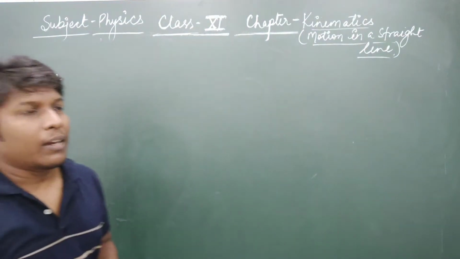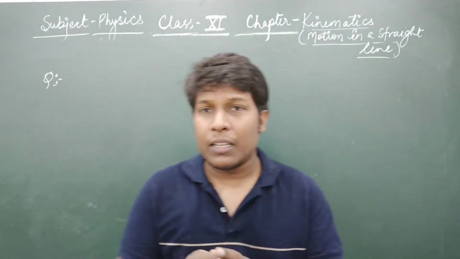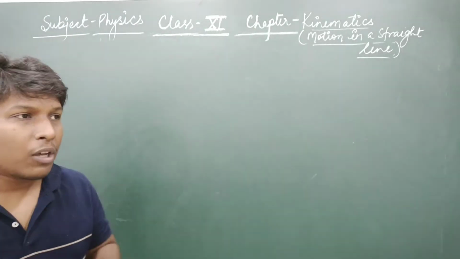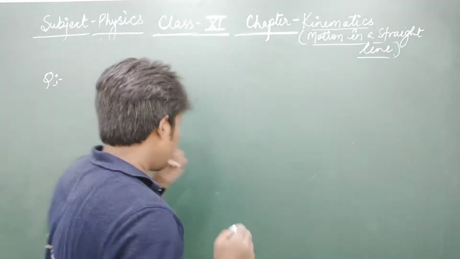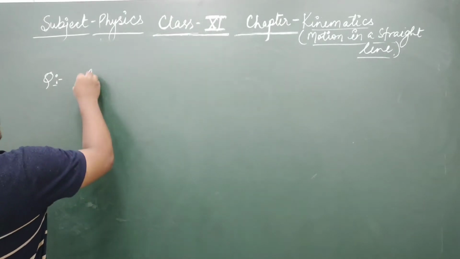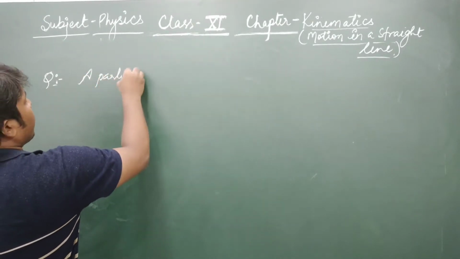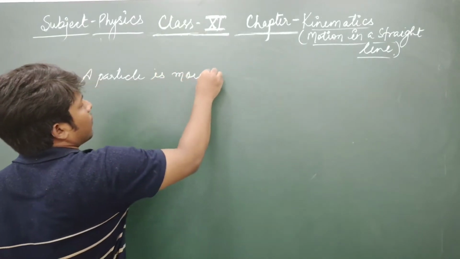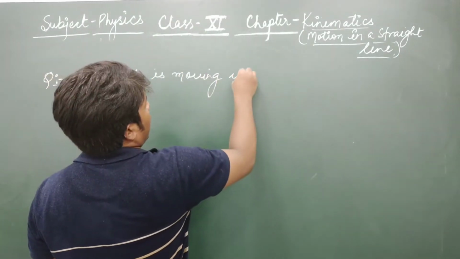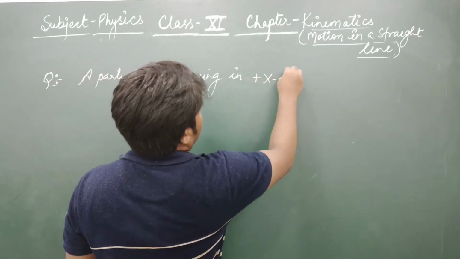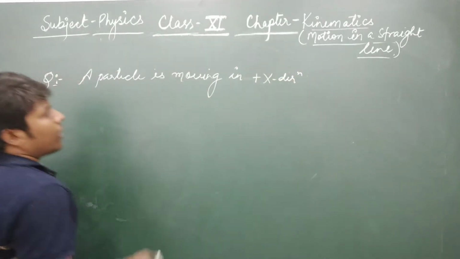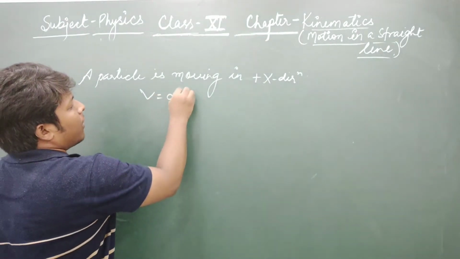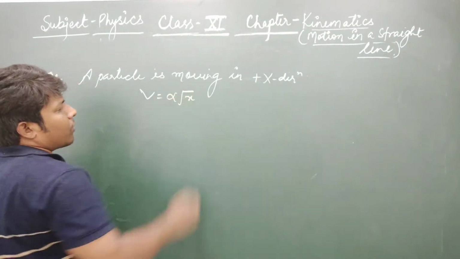The question is given that a particle is moving in the positive x direction with the velocity of alpha root x.